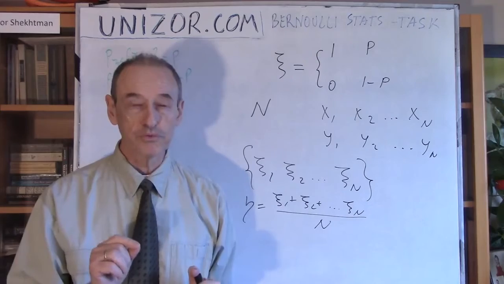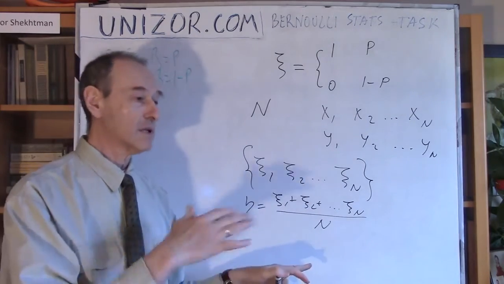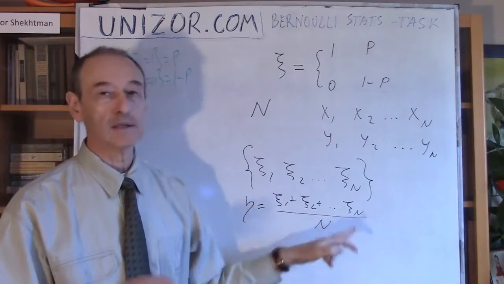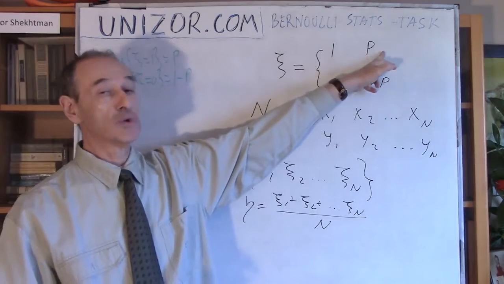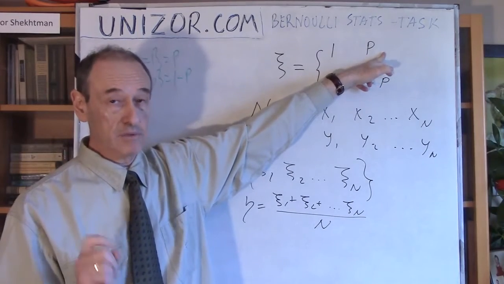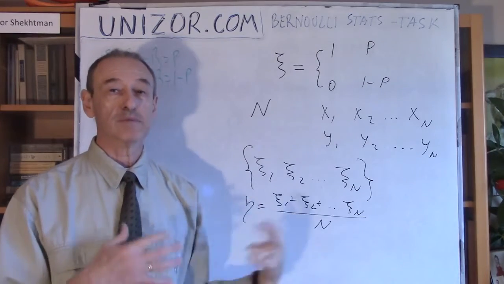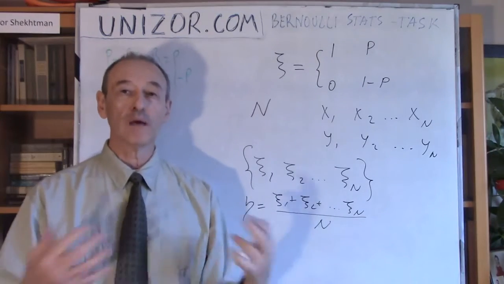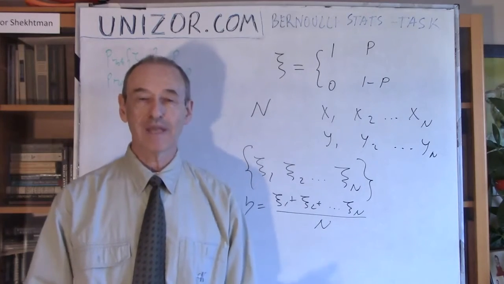If we prove that this variable eta, under certain conditions which relate to n and some other properties, would be relatively close, and we have to define what it means to be relatively close, if we prove that it will be relatively close to p under some circumstances, then the whole approach works, then the whole mathematical statistics as a subject makes sense.